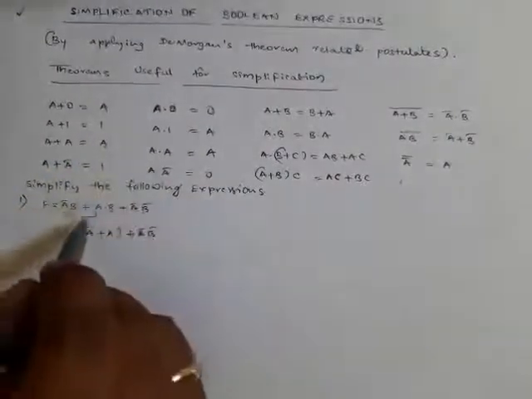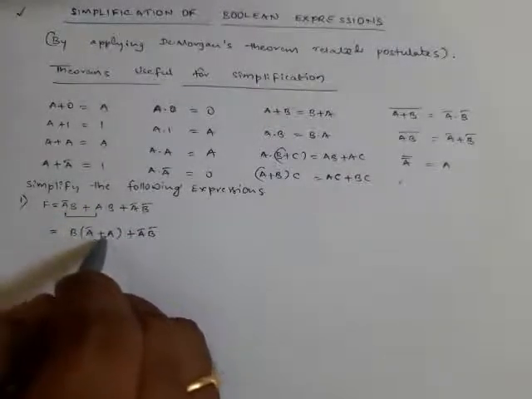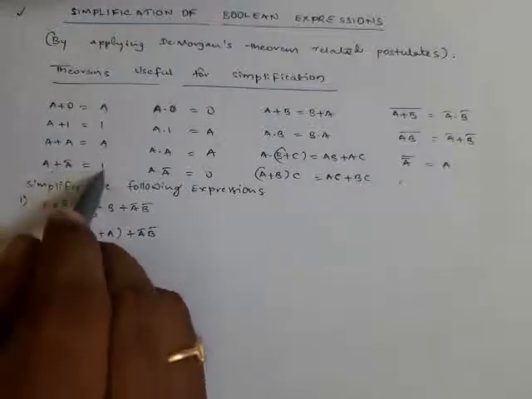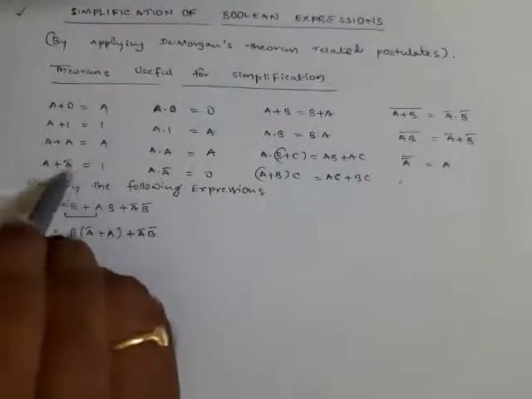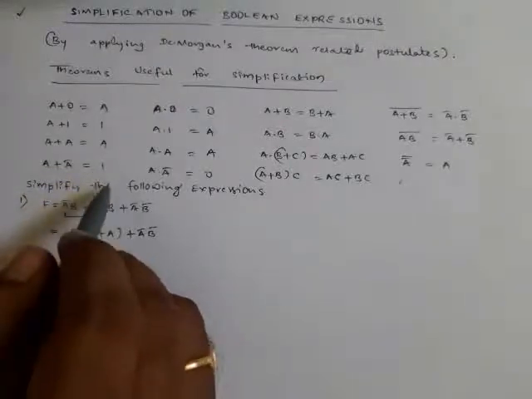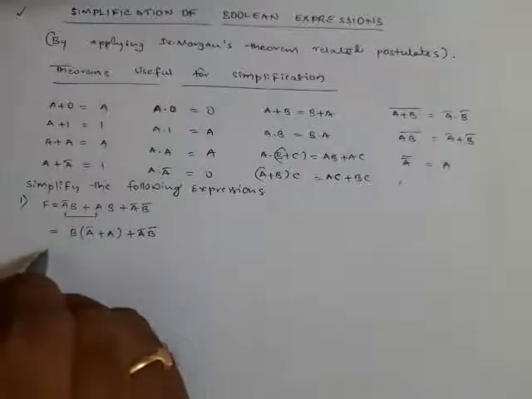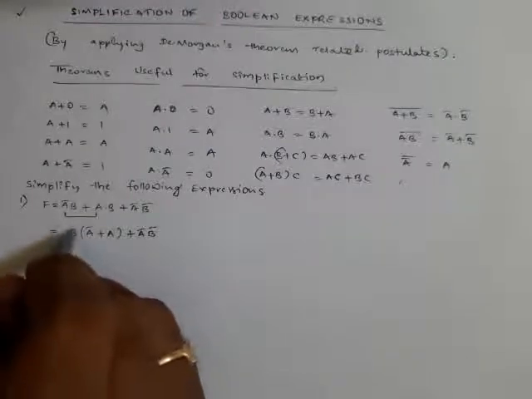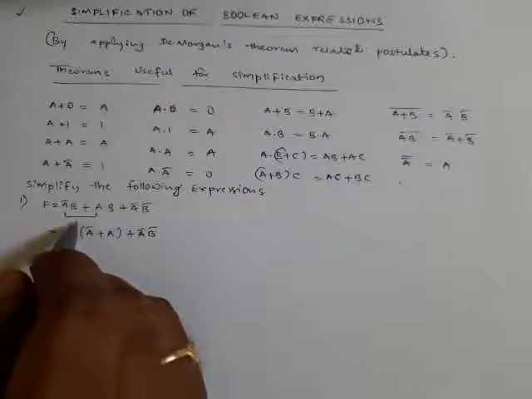When b is taken outside, what remains is a bar plus a, and I already know that a bar plus a equals 1. So I have taken b as common from these two terms. This will become known readily when you practice simplifying a number of expressions.